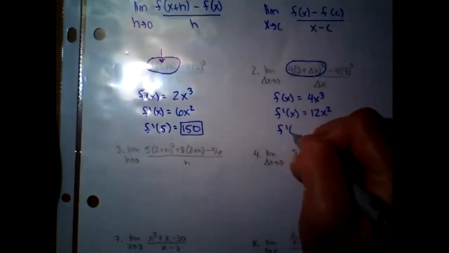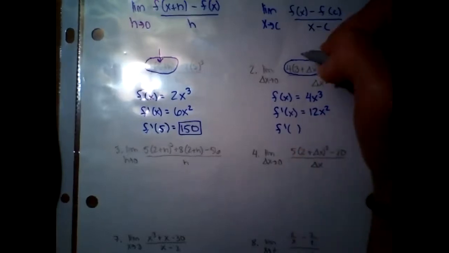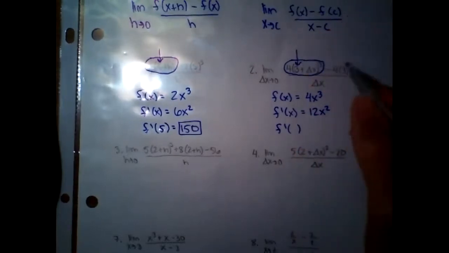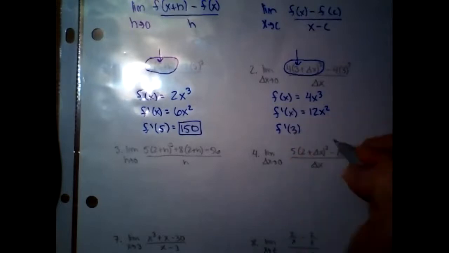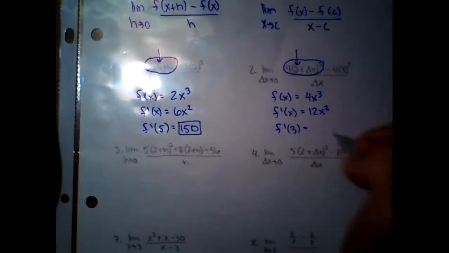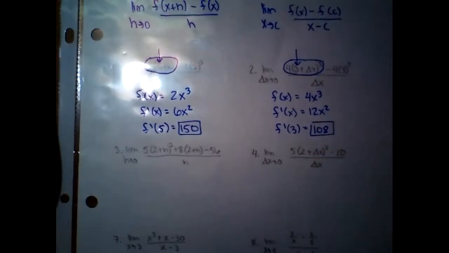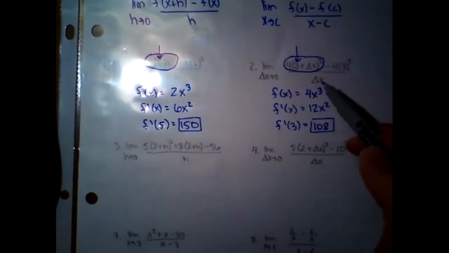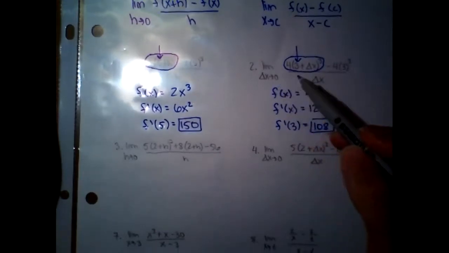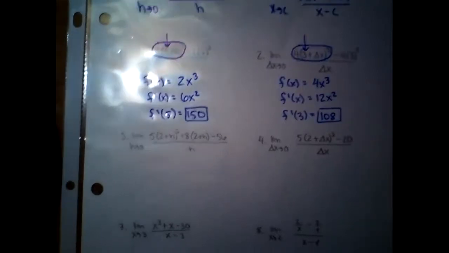And then the value that we want to plug in is given there in the pattern, that is 3. So we want to plug in 3 to the derivative. So 3 squared is 9 times 12 would be 108. And they weirdly used delta x for that one instead of h. It's the same thing. They just used a delta x instead of an h.